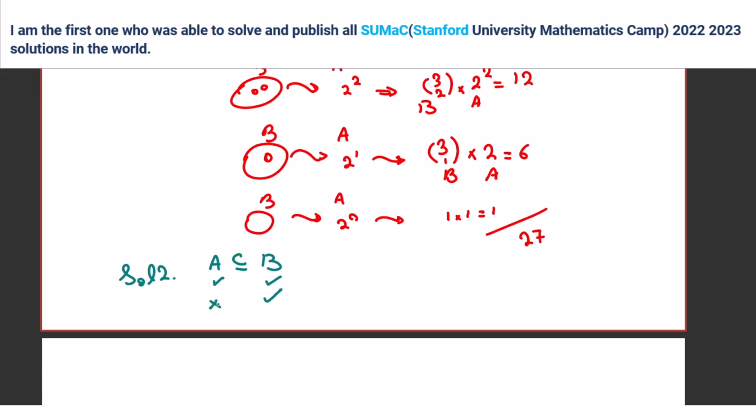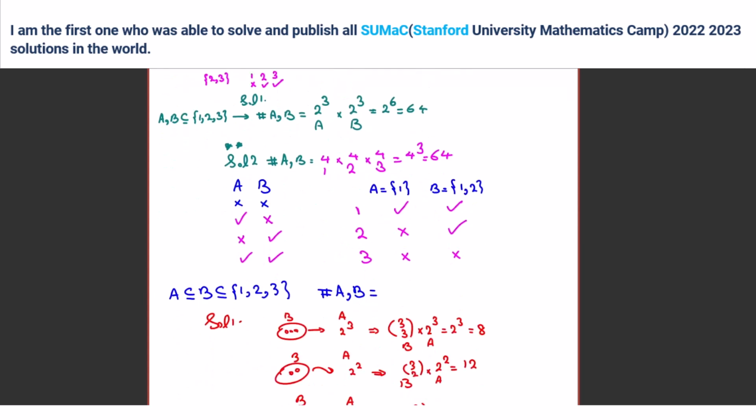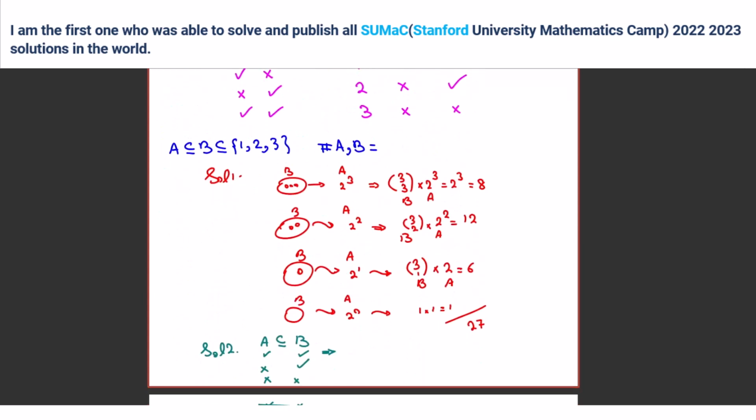Yes, what else? Cross, cross. Yes, only check, cross is bad, right? Yeah, that's bad. So each element has 3 cases. So the answer is what? 3 times 3 times 3, right? Or 3 to the power of 3. Yeah, this solution is easier.